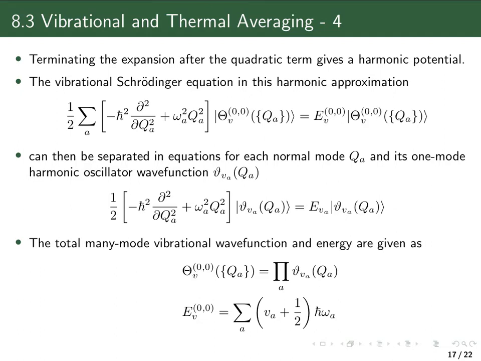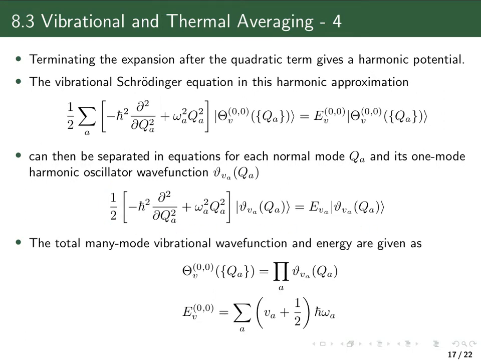And we can write the Hamilton operator as a sum over Hamiltonians for each normal mode, which means that we can separate it into a separate Schrodinger equation for each normal mode, because the Hamiltonian is a sum over terms, each of which only depends on one variable, which are here the normal coordinates. We can separate it into different Hamiltonians and different equations, one for each. So we get a one-mode equation, one normal mode equation here.